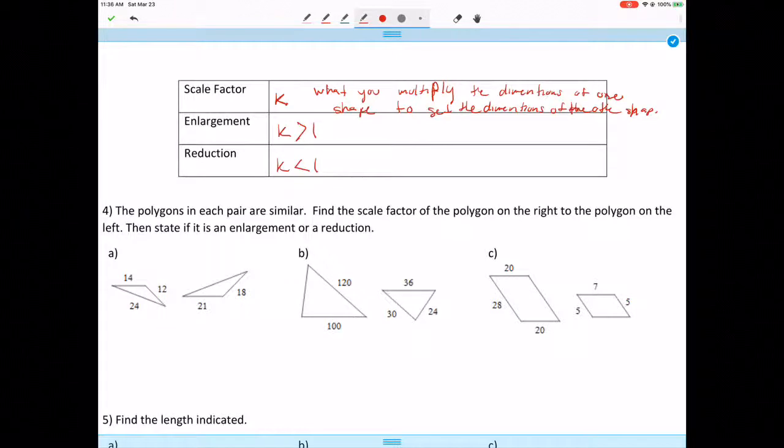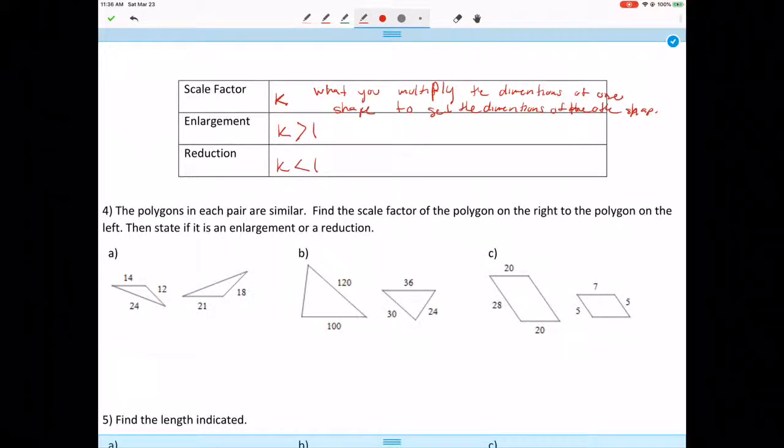Okay, so this says the polygons or triangles in each pair are similar. So they're just telling us already that these are similar triangles. Find the scale factor of the triangle on the right to the polygon on the left, then state enlargement or reduction.